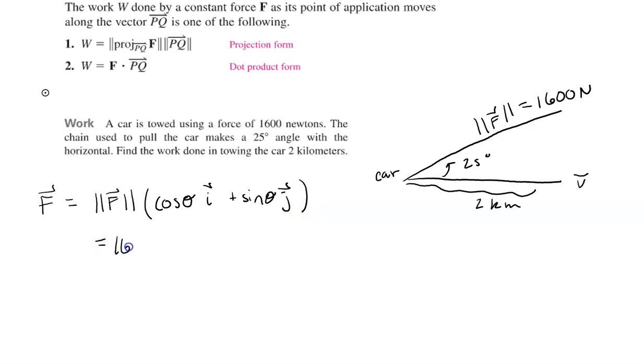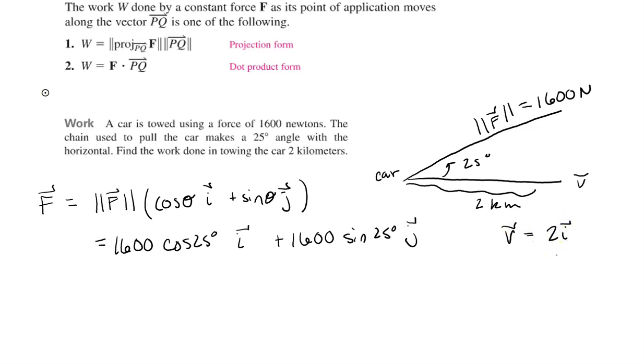So that's going to be 1,600 cosine of 25 degrees I. And if you distribute, you get plus 1,600 sine of 25 degrees j. And I also know that V is a straight horizontal, so V is going to be the vector 2I, or 2, 0.